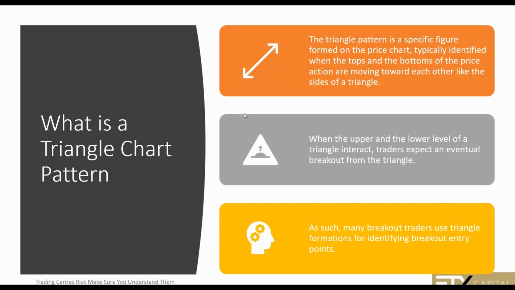When the upper and the lower level of the triangle interact, traders expect an eventual breakout from that triangle. As such, many breakout traders use triangle formations to identify breakout entry points.